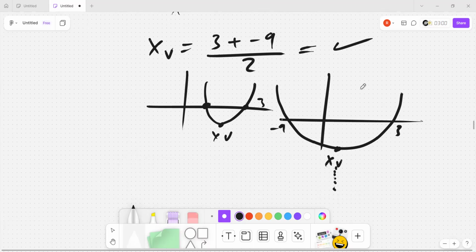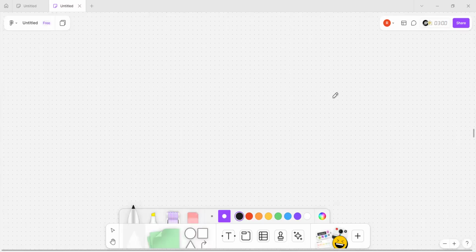Why? Because the x-vertex lies on the axis of symmetry that divides the parabola into two equal sectors. That's why the x-vertex is the midpoint between any two horizontal points, like the x-intercepts.